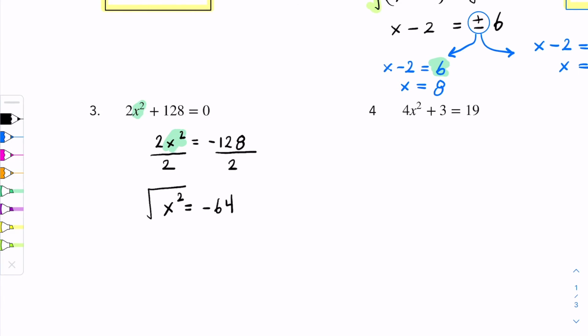Square root both sides. We have x equals positive or negative square root of negative 64. Now, this is what we learned the last lesson. We have a negative sign underneath the square root sign, so we are going to use imaginary numbers.